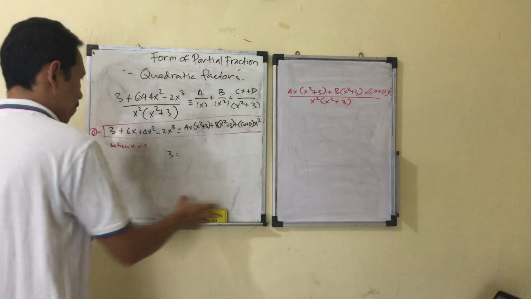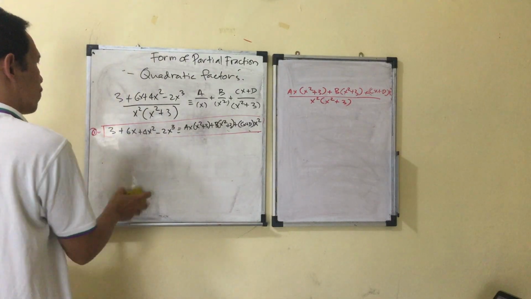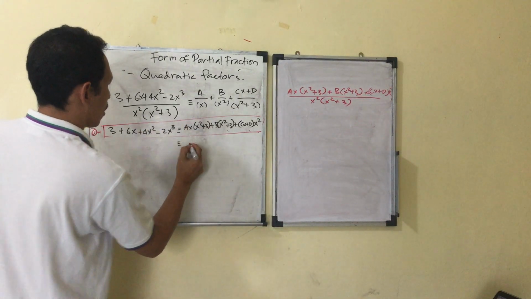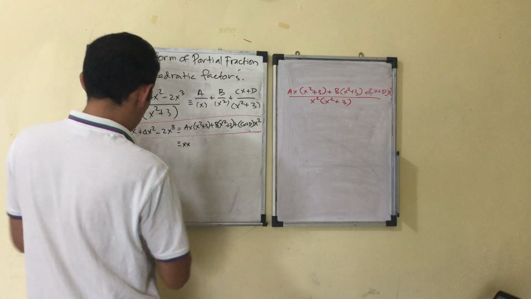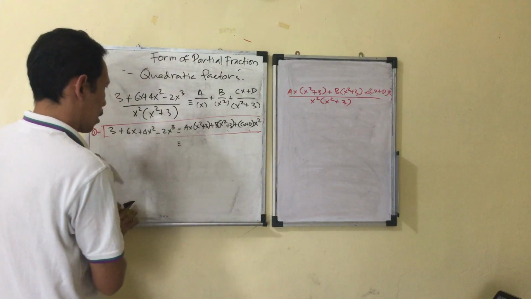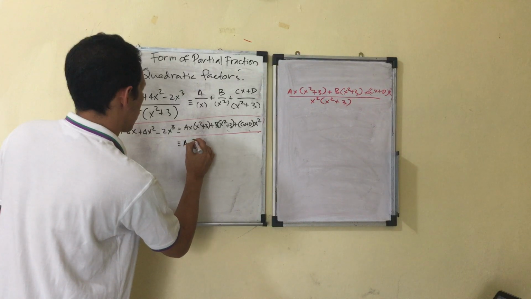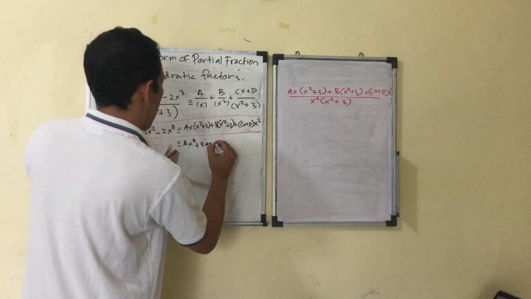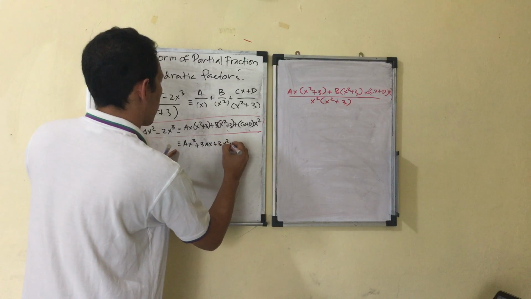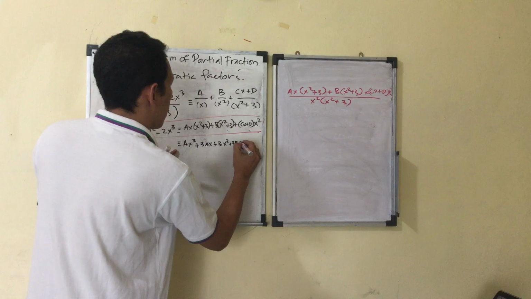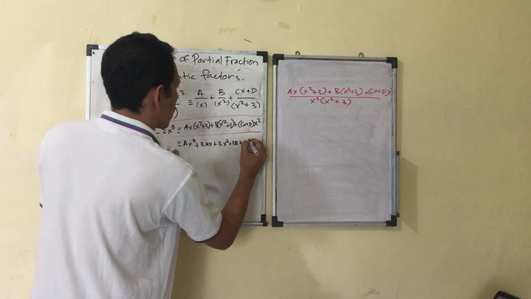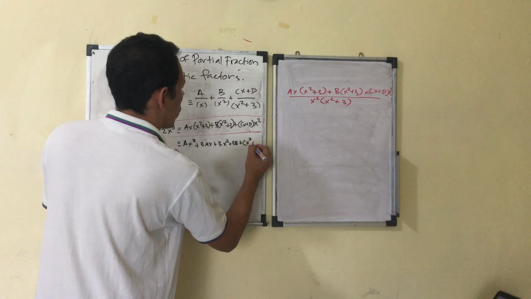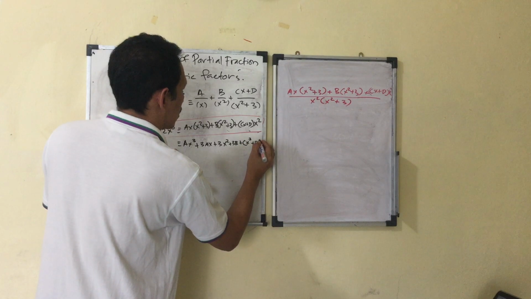We have to, before that, we have to expand this first, right? Before we get that, we will expand this, become Ax cubed plus 3Ax plus Bx squared plus 3B plus Cx cubed plus Dx squared.